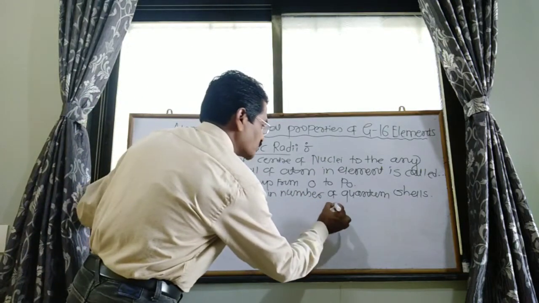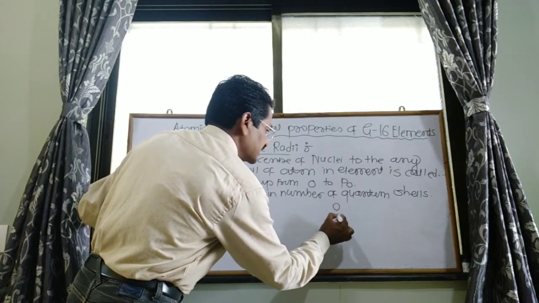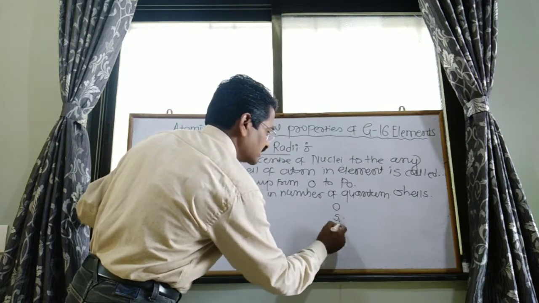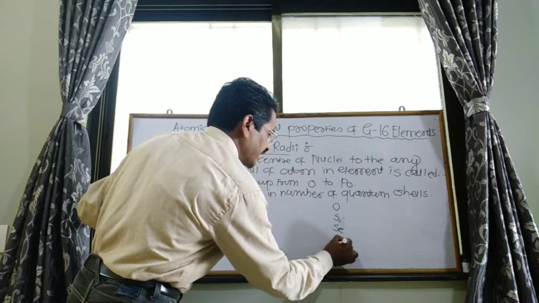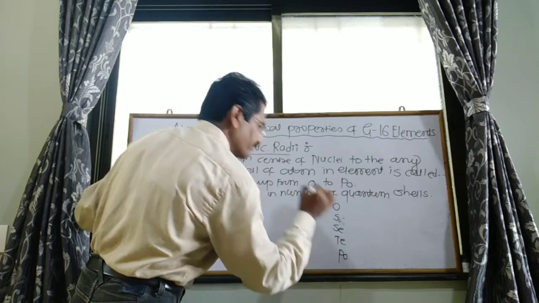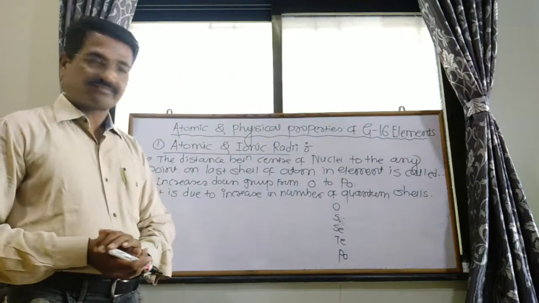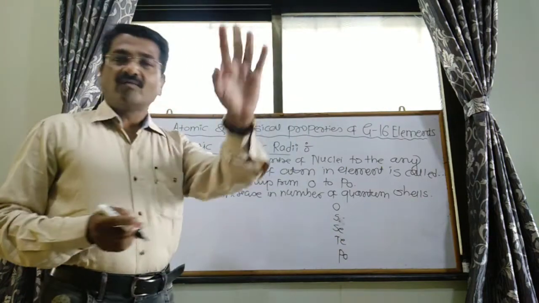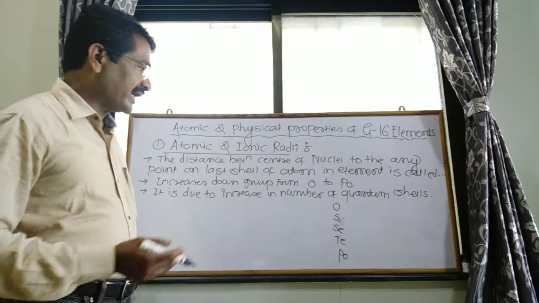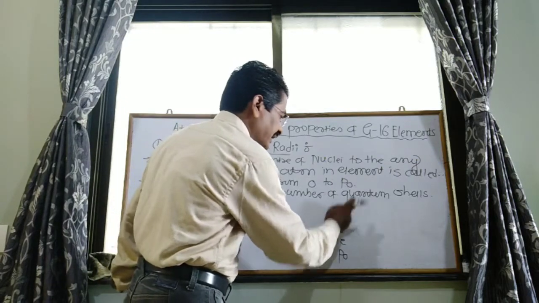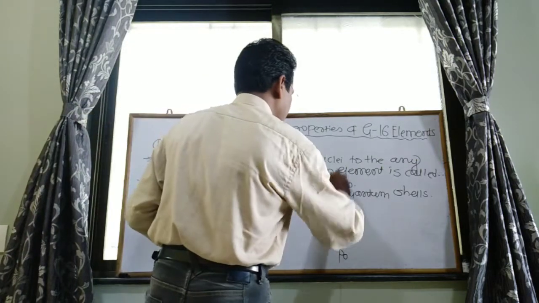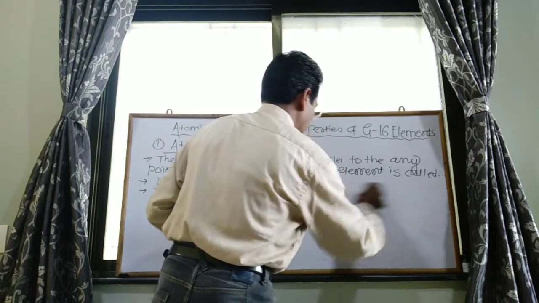Suppose these are the elements: oxygen, sulfur, selenium, tellurium and polonium. And here the atomic and ionic radii increase from top to bottom.